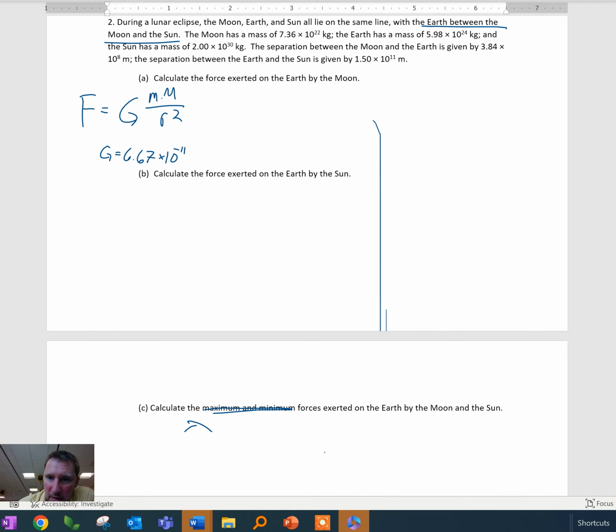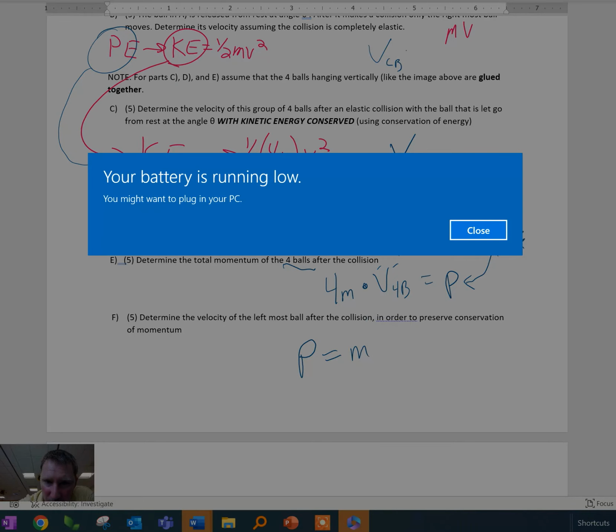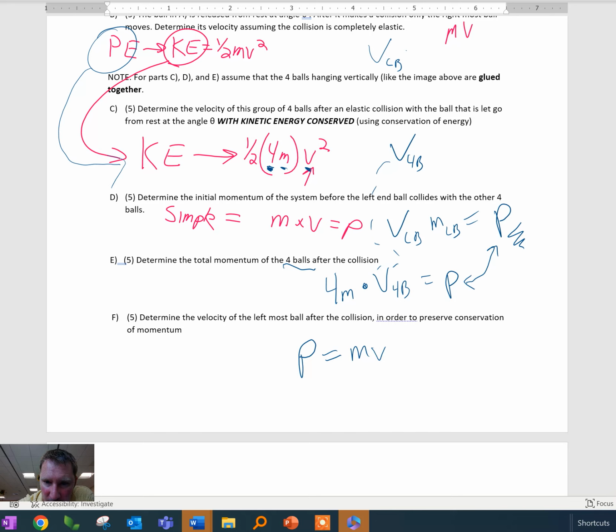So you've got the momentum before, and that's your momentum from letter D, and it's going to equal the momentum of the 4 balls after the collision plus the momentum of the left ball after the collision, like that.